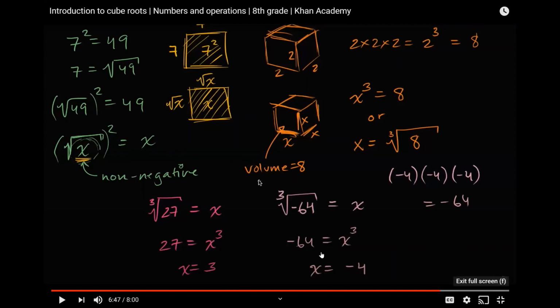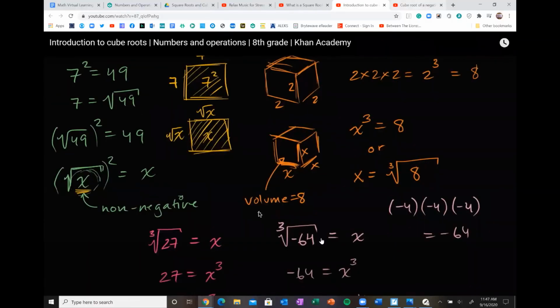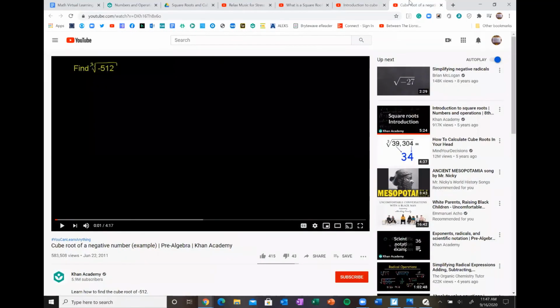Okay, let's go on to this last video I have. It's just 4 minutes long. We're going to do cube root of a negative number, and these are some examples.